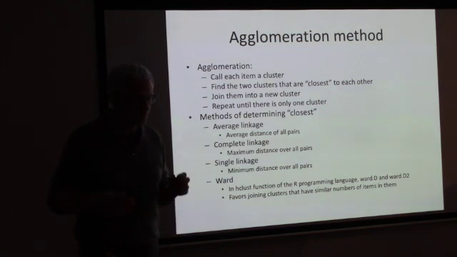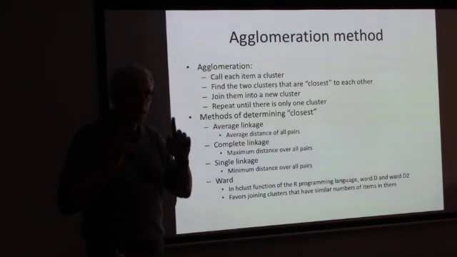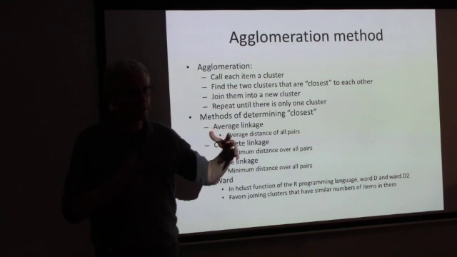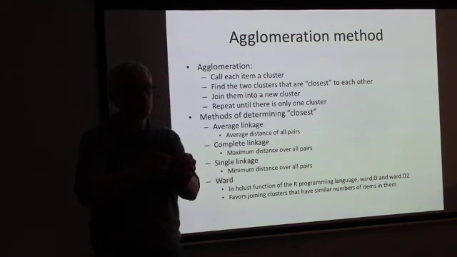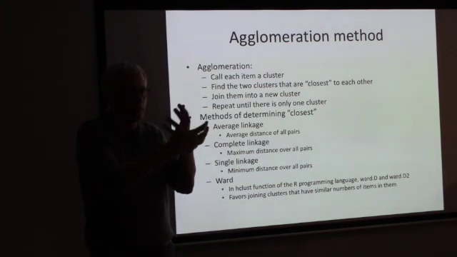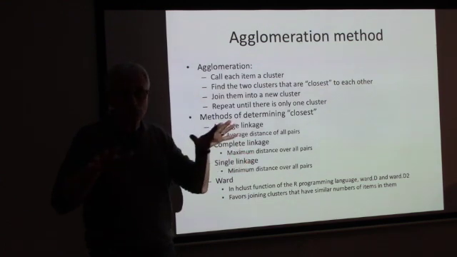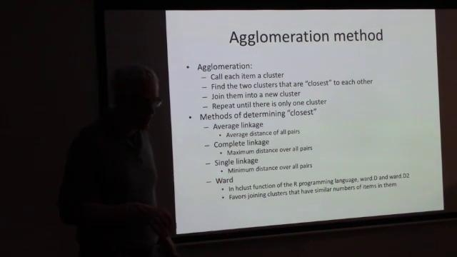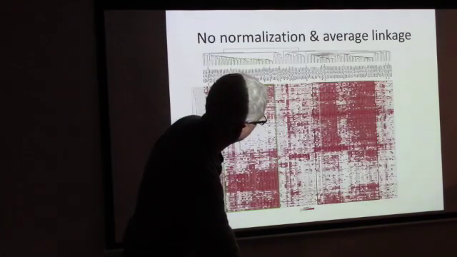It does essentially average linkage, but it has a penalty if you're putting together a cluster with lots of samples and a cluster with just a few samples. So it's trying to get your splits to be even-ish. And that's what Ward clustering is about. And I'll show you an example where I think it's good.